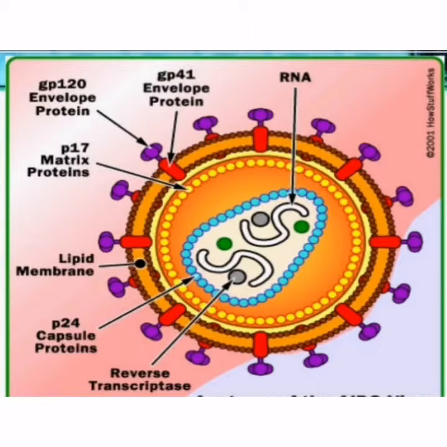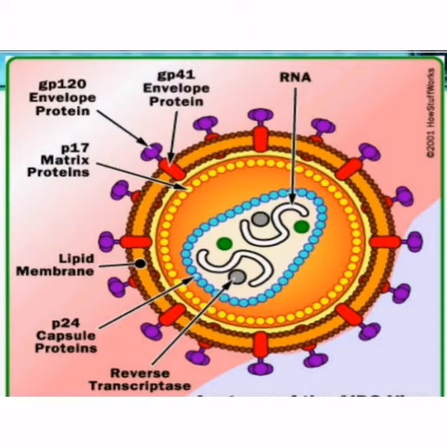The human immunodeficiency virus belongs to the genus lentivirus. It is 100 to 120 nanometers in diameter, a spherical virus containing a dense core surrounded by a lipoprotein envelope. You can see glycoprotein spikes termed GP41 and GP120.